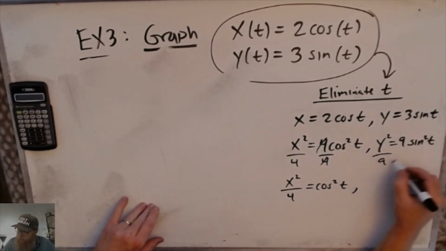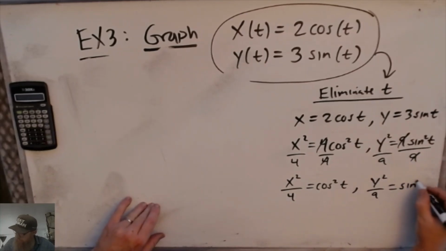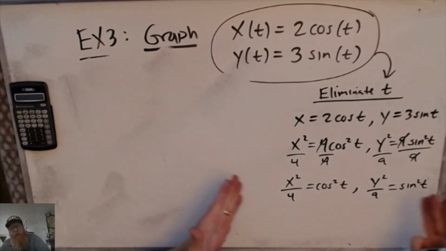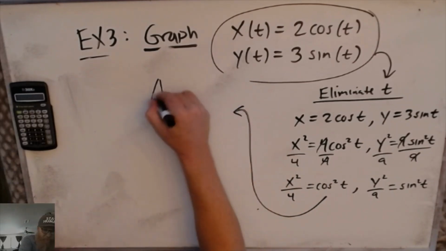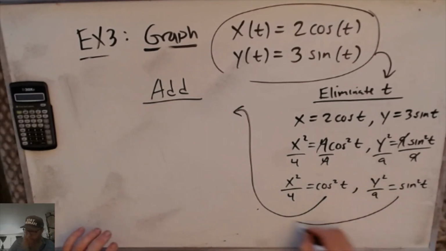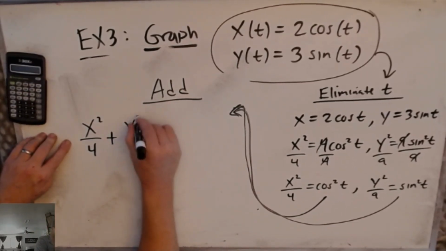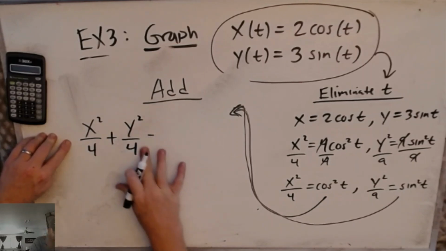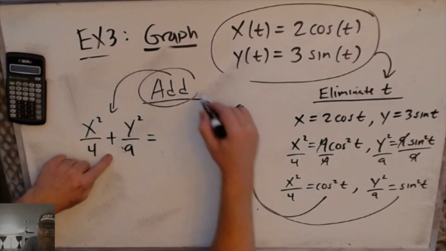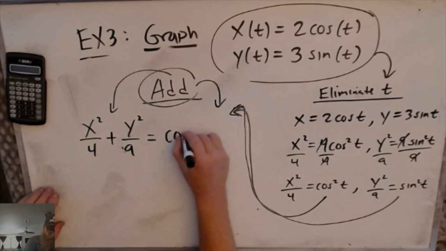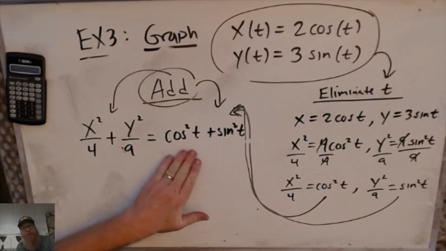We're going to divide the y squared by 9. And then we're going to add these together. So we're going to have x squared over 4 plus y squared over 9, and that's going to be cosine squared plus sine squared. And then we're going to use a trig identity.